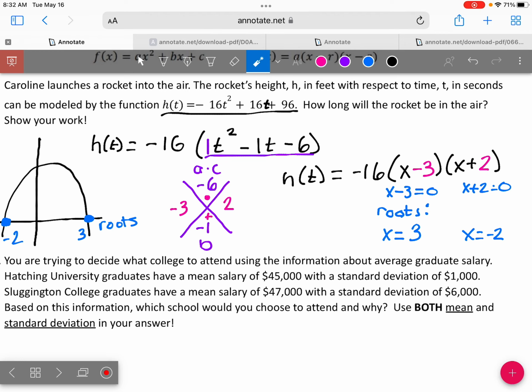Okay, so this one takes 3 seconds to hit the ground. Remember that time cannot be negative. That means it landed 2 seconds before launch, which doesn't work, time travel. So be careful of contextual questions like that.